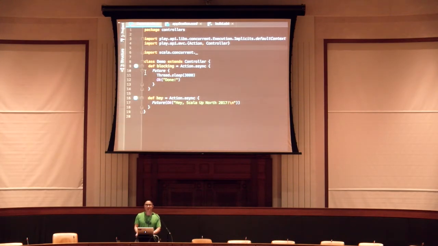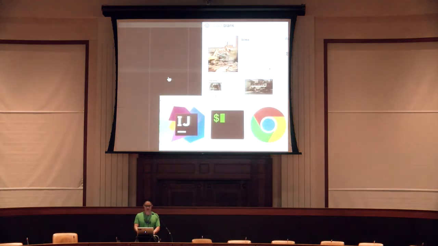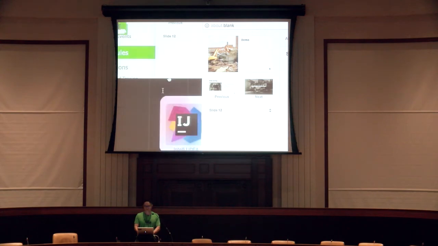So really simple code here, right? In this example, we have a blocking endpoint that is just sleeping in a future. And I just want to show what this looks like.